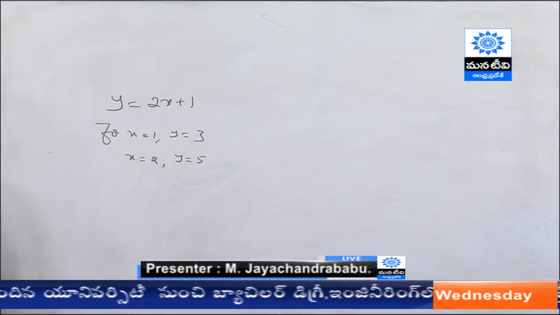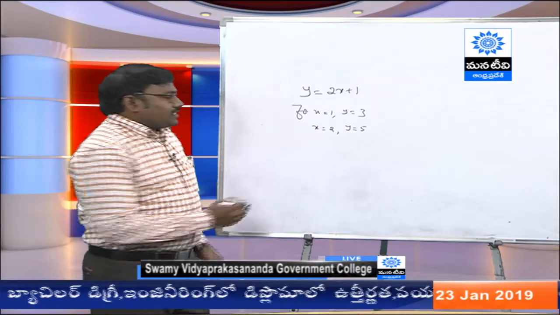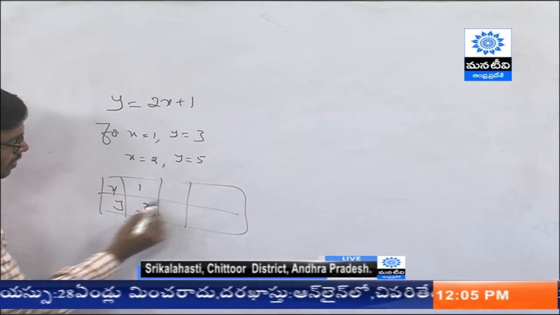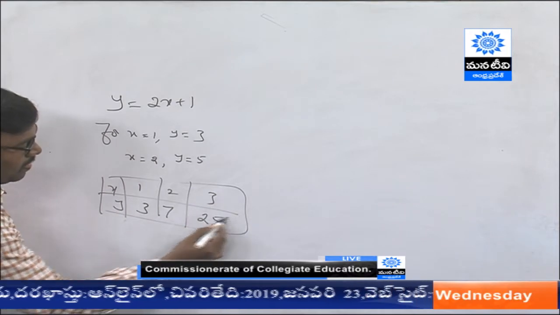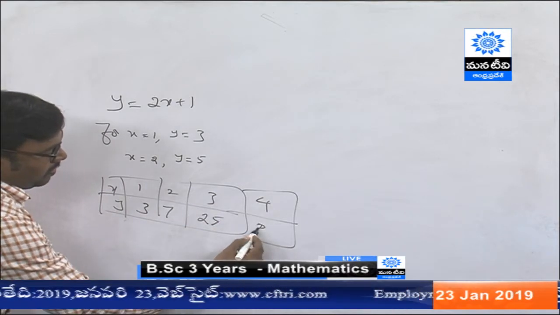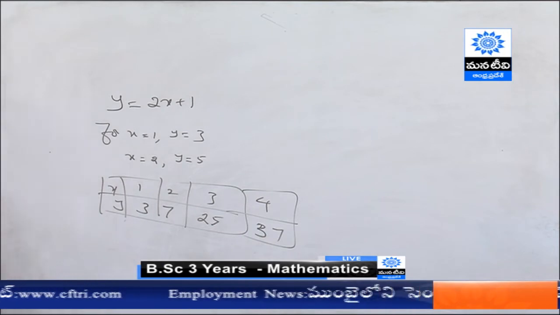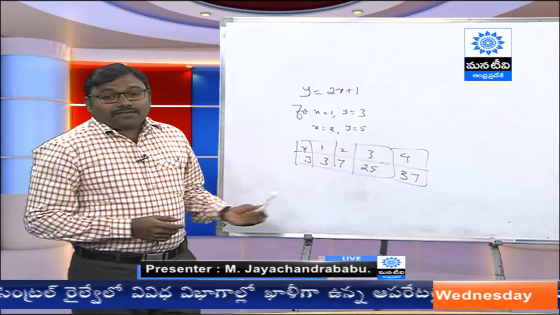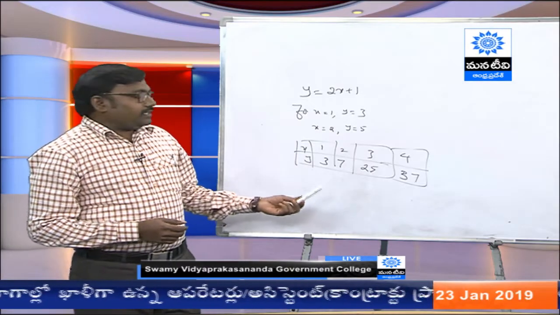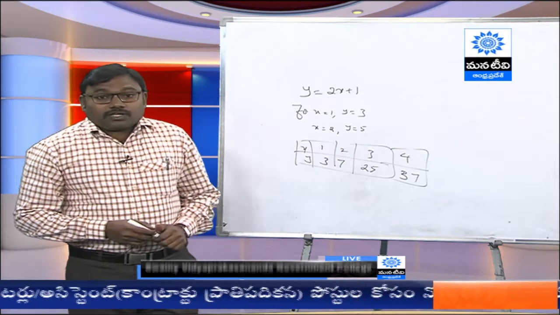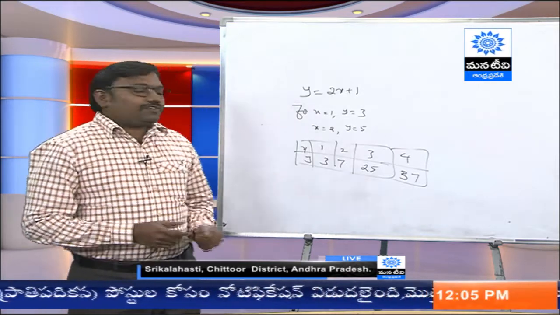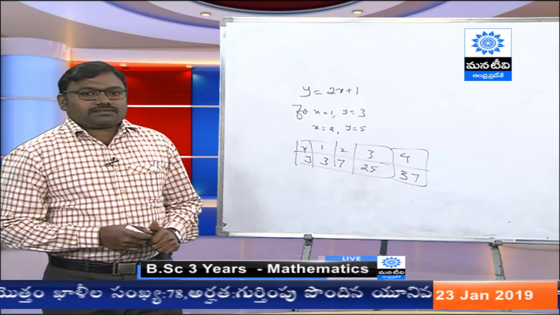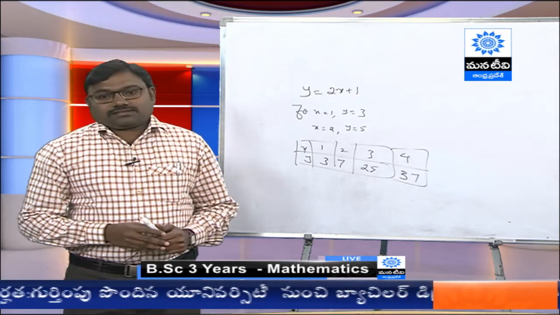But what if we have data instead of a function like this, and we want to find the value of y at x equal to 6? We cannot evaluate y by seeing this table, but if we have a function which will fit the data, then we can evaluate y for any x. That is what curve fitting does.